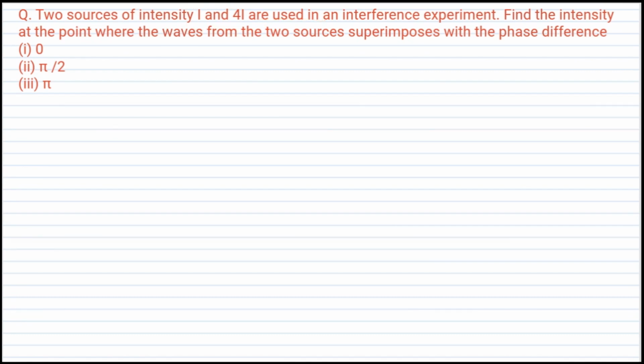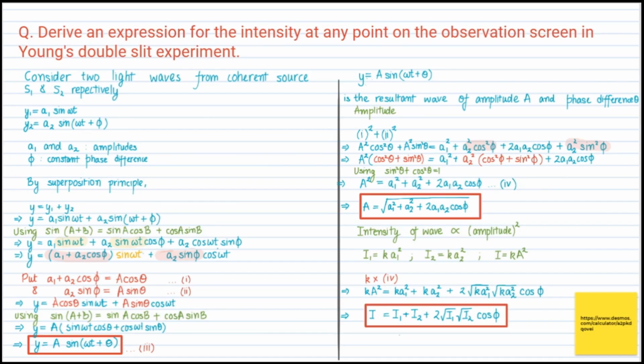Now they have asked us to calculate the resultant intensity when the phase difference is 0, pi by 2, and pi. So in our last class, we have derived the expression for the intensity.